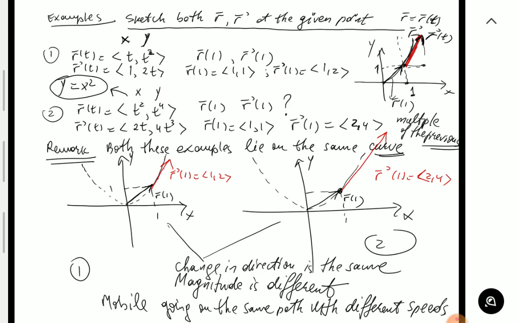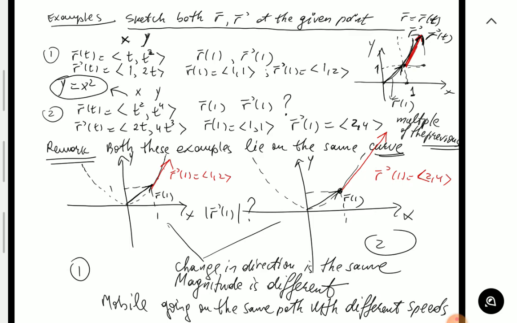If I'm interested in the speed, of course, I'm looking at the magnitude of r prime of 1, right? If I want to figure out the speed, which is going to be different. But the direction, notice in this case, is the same, right? I mean, 1, 2, and 2, 4 are parallel. So therefore, the direction is the same.